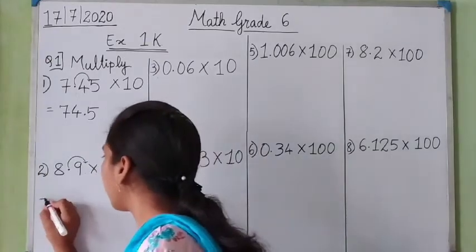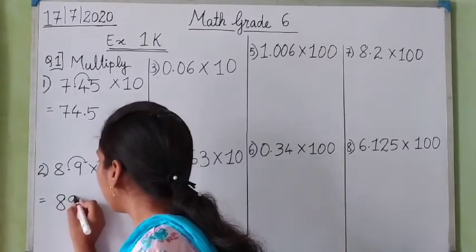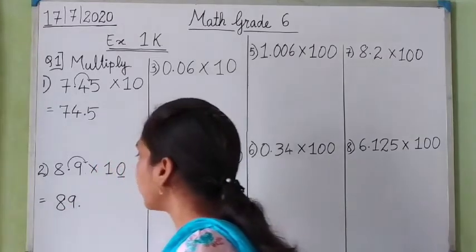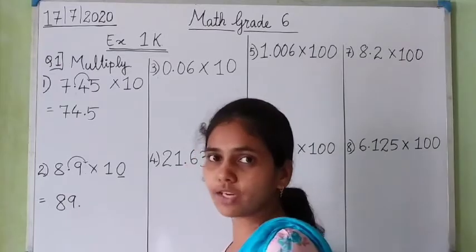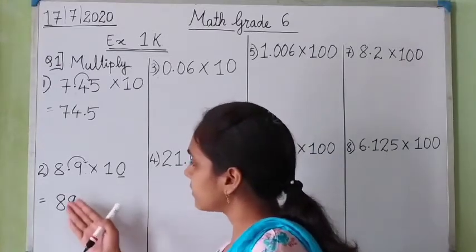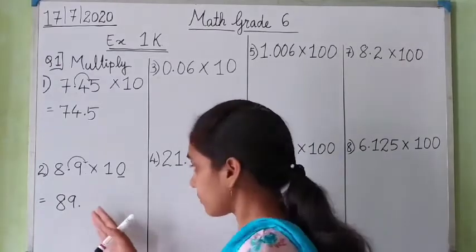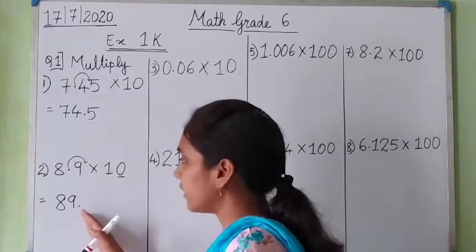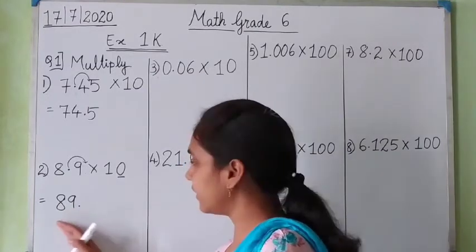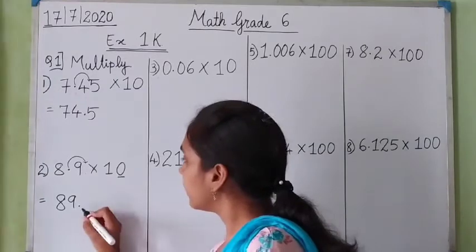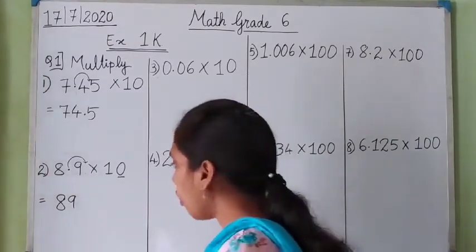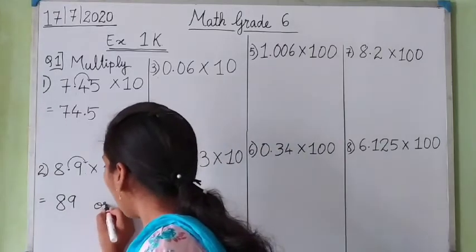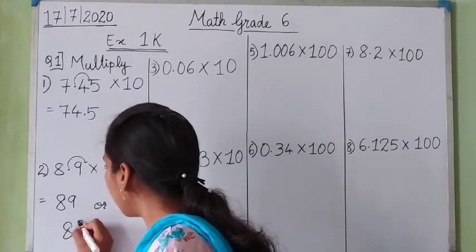Okay. So the number will become what? 89 point. Now the decimal point has come at the end of the number, right? It is at the extreme right. So in this case, we don't have to put the decimal point. We can just write it as 89.